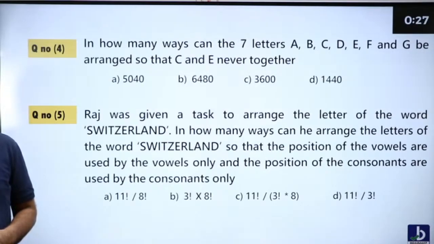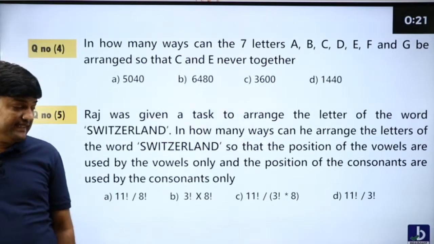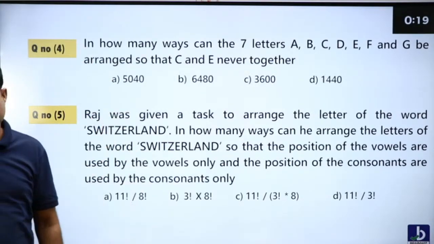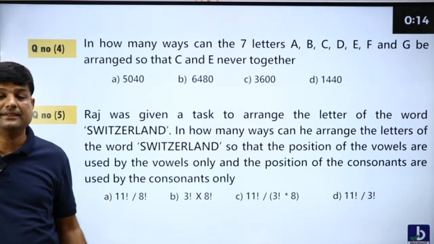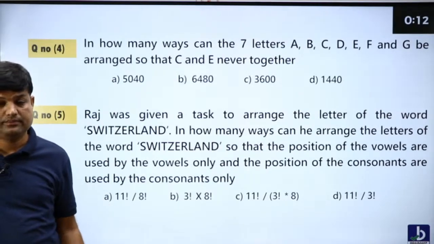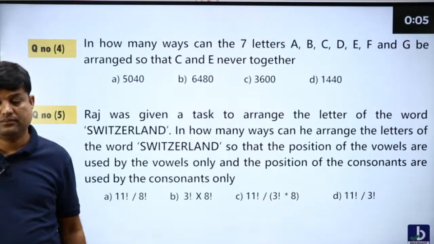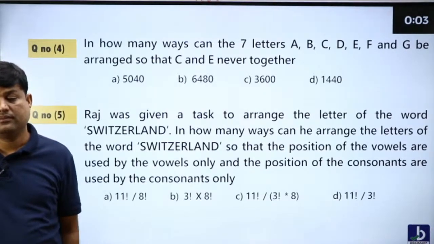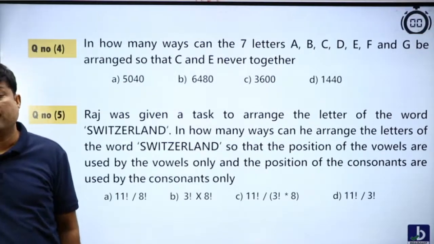Sunny, Monica, Vipra. Sipradas also says the fourth one is C. That is true. Fifth one we want. Sohel says CB. Chaliye. That's good. Yes, Monica. That's good, students.